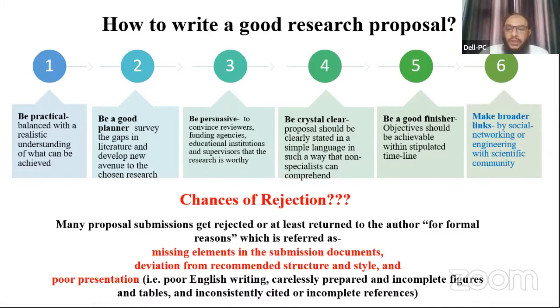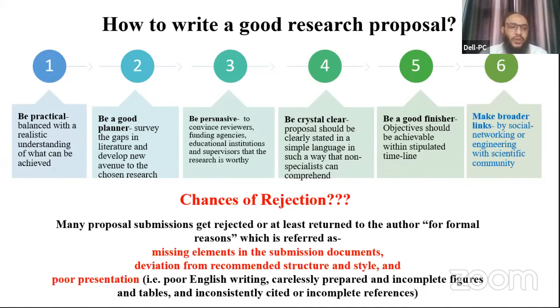And for this, you should have some good inbuilt capability, or you have to develop some capabilities as a budding researcher. So be patient, be practical. This is one of the most important parts. For writing a good proposal, you have to be practical.